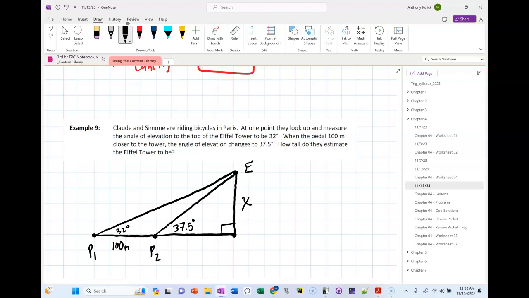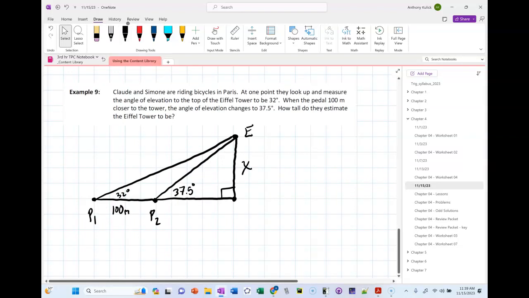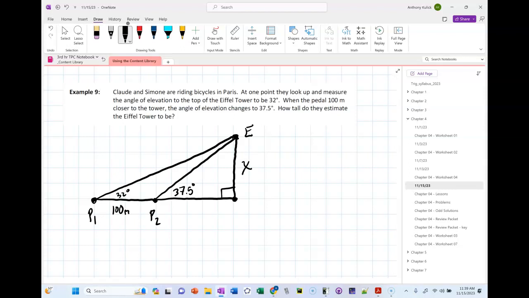Is everybody okay with how we've constructed this picture? Does that match what the words were saying? Sometimes that's the hardest part, is getting the picture, right? All right. So when you look at this problem, what do you want to do here?